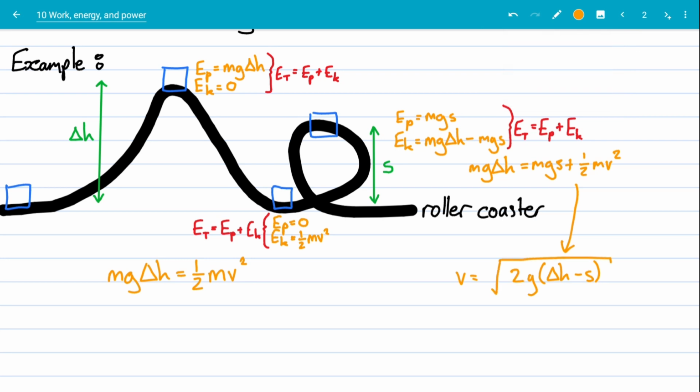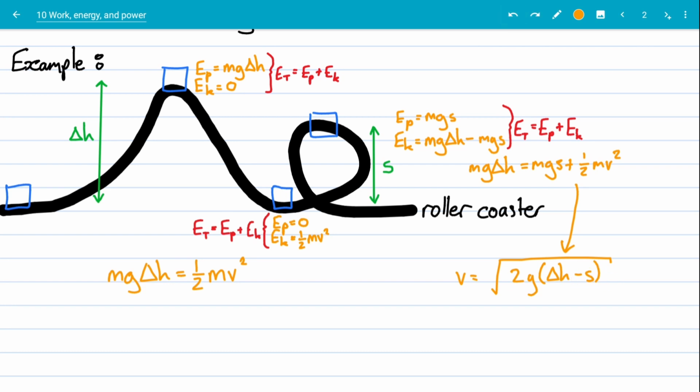So I derived that from that equation. So we can work out the speed of the roller coaster car at that point just by saying that the total energy hasn't changed, and it's related to the difference in heights between the height it dropped from originally and the height it's gone back up to. Obviously, the bigger S is, the smaller V will be.